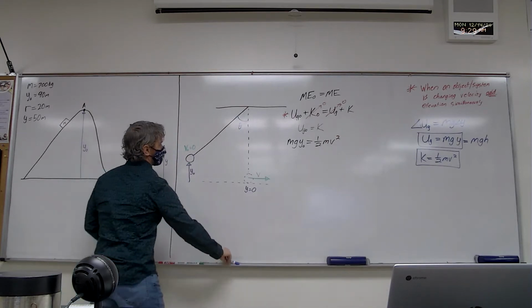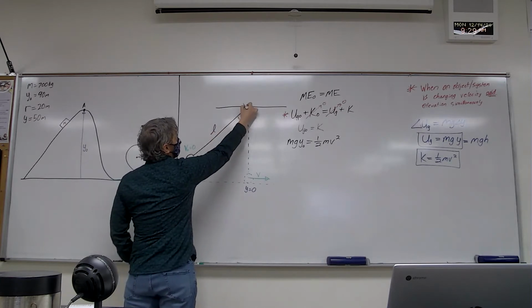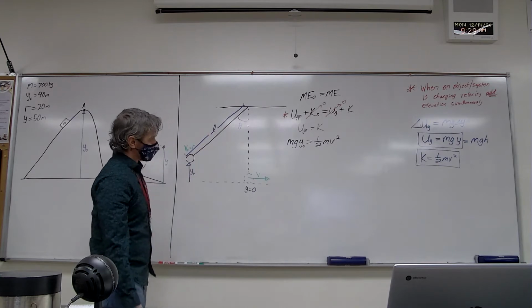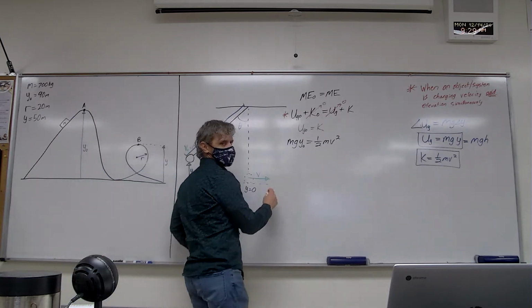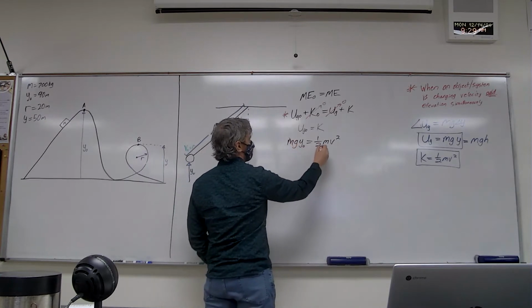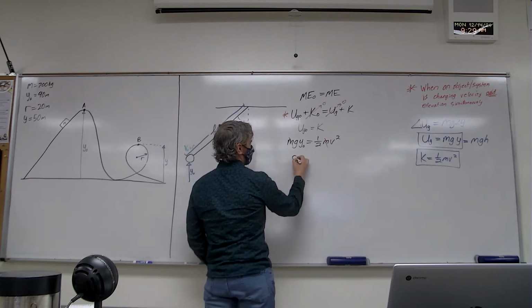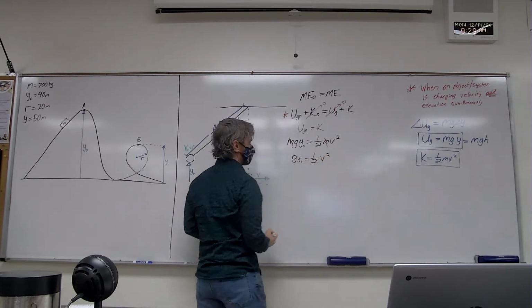I forgot to label the length of my pendulum. So this length right here, length L. And then everybody brought mass to the party. So I get g y naught equals 1/2 velocity at the bottom squared.